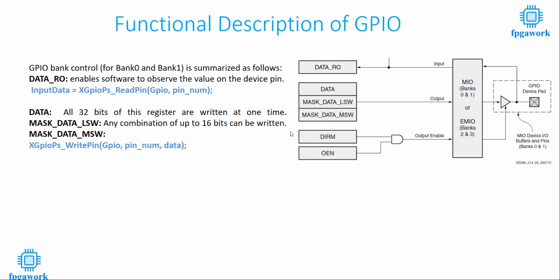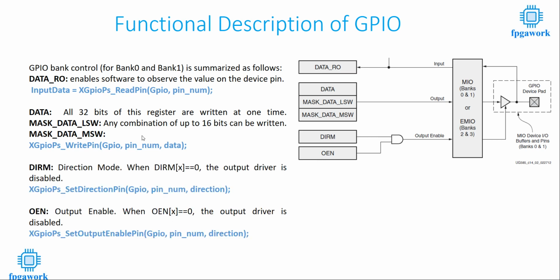It means you can set it as an input or as an output. Output enable is the fourth one, and of course it is used to enable or disable output. So these are the 4 corresponding drivers which are provided by Xilinx to us, which of course facilitate our life. And we will be using these 4 drivers in the following part of the video.